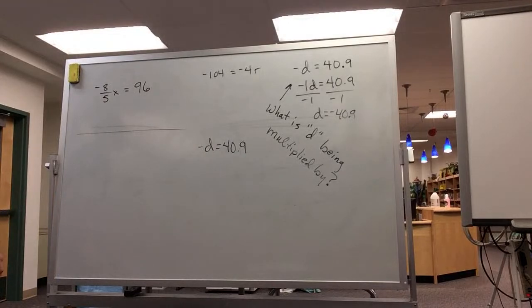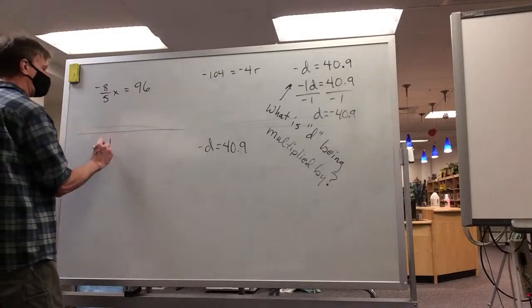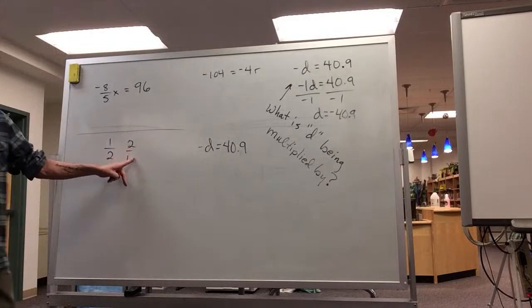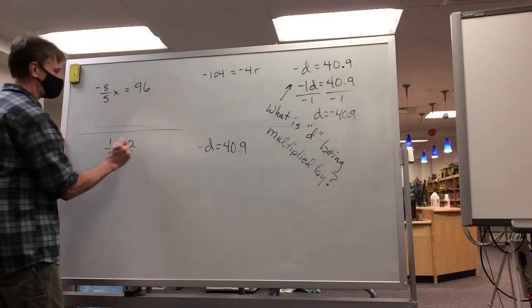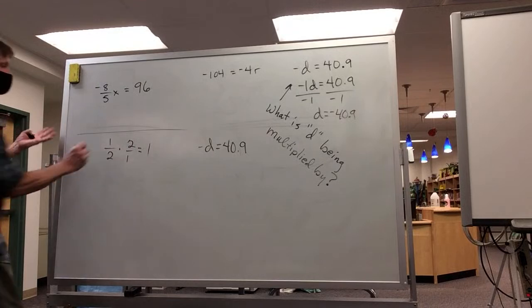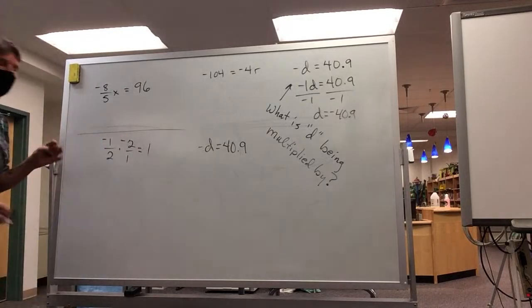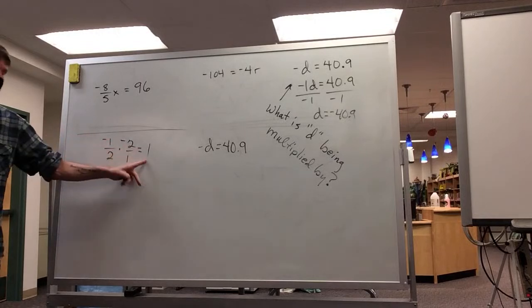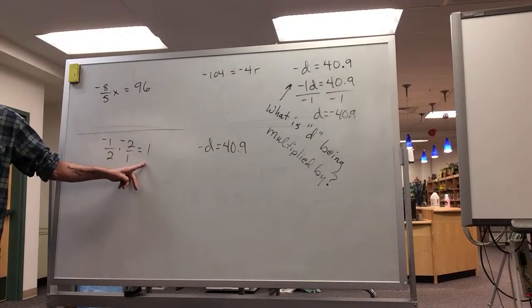The reason it's the reciprocal is because when you multiply it equals 1. And if this was -1/2, then the reciprocal would be -2/1, and still its product is 1.